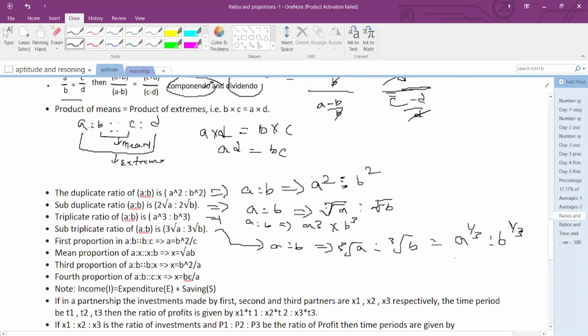Okay, hope it's clear. Here I mentioned 2 root A, 2 root B, right? Okay, I can remove that. Which is equal to root A into root B. Here 3 root A into 3 root B, which means A power of 1 by 3 into B power of 1 by 3. Okay, so just remember these things.